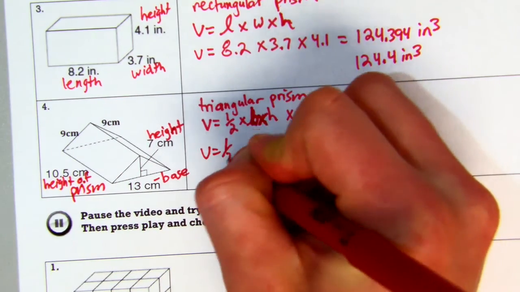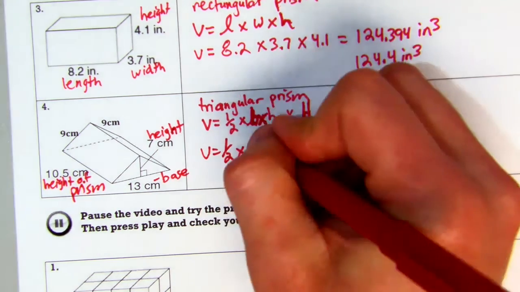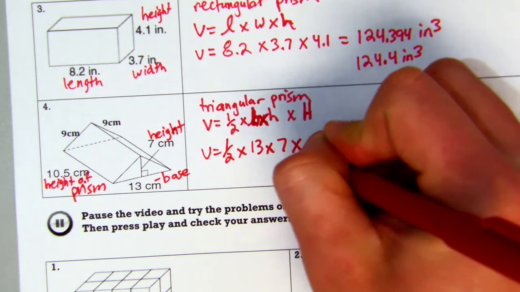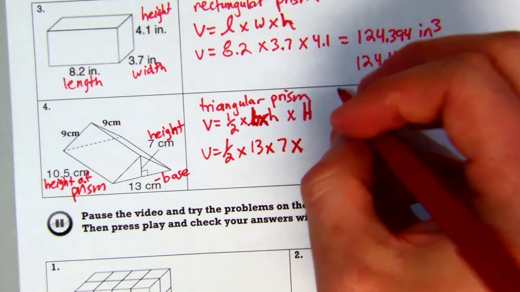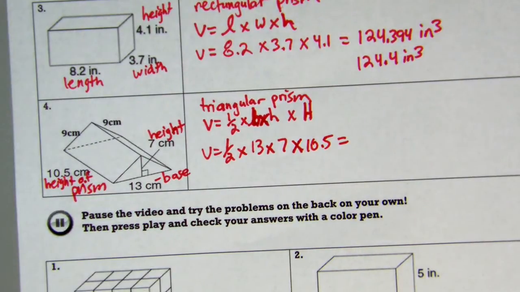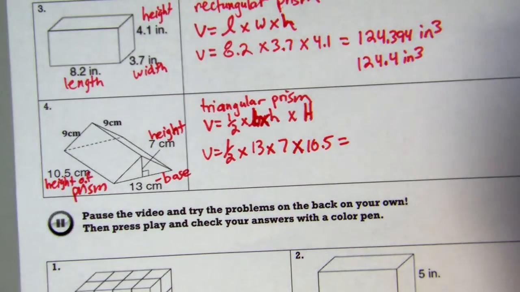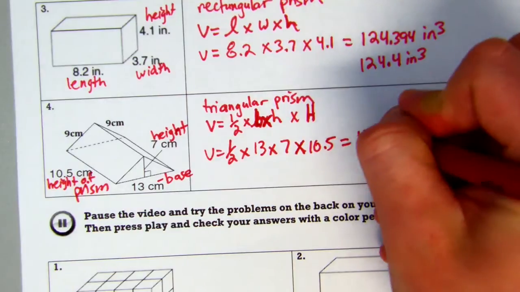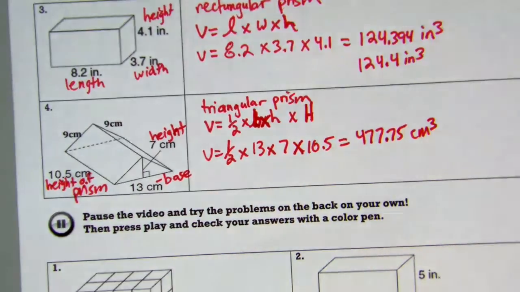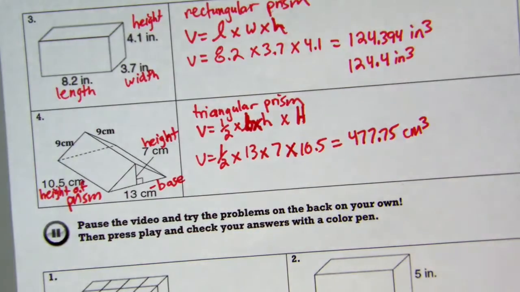Volume is equal to half times the base, which is 13, times the height, which is 7, and times the height of my triangular prism, which is 10.5. Go ahead and plug that into a calculator, and I get 477.75 centimeters cubed. If you wanted to round it to the nearest tenth, it would be 477.8 centimeters cubed.